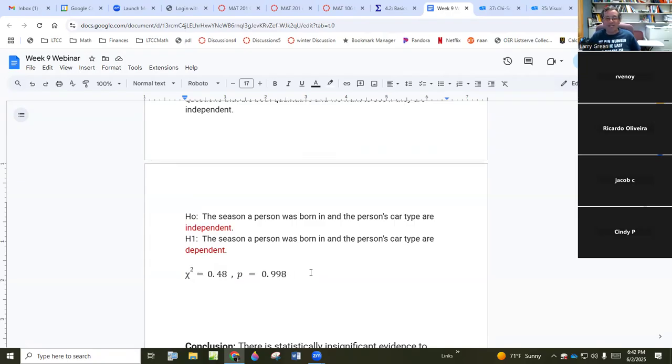If p is 0.998, I'm hoping you all know. This isn't any new thing. We've been doing it for weeks now, looking at the p-value. Let's see, I'll put it in the chat box. Hopefully you're listening.